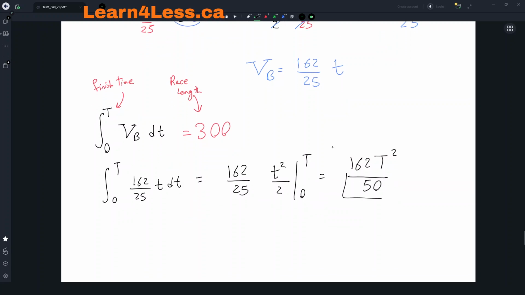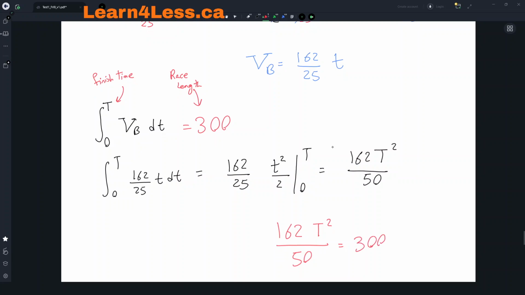So this is the displacement of runner B after this many seconds, basically. And we want to figure out when this would be 300. 162 t squared over 50 is equal to 300.